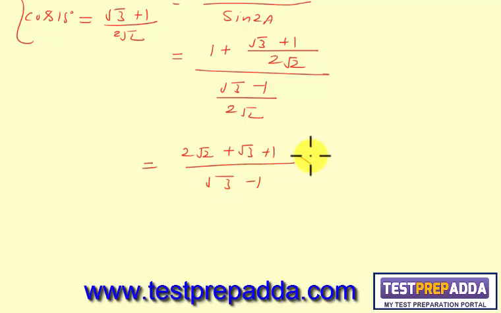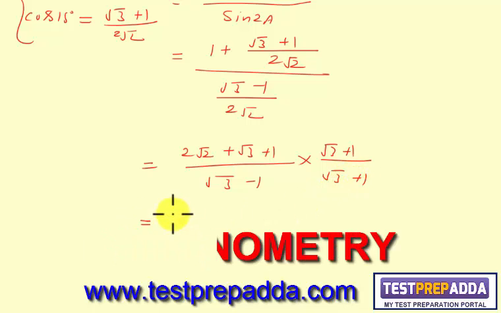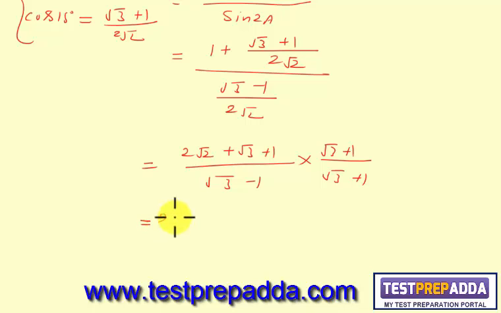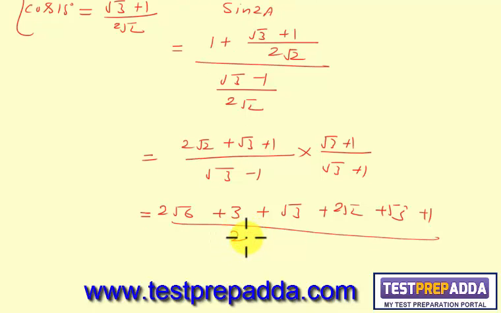Now if I multiply root 3 plus 1 in the numerator and denominator, then the numerator will become 2 root 6 plus 3 plus root 3 plus 2 root 2 plus root 3 plus 1, upon the denominator, a minus b into a plus b, which will become 3 minus 1, that is 2.